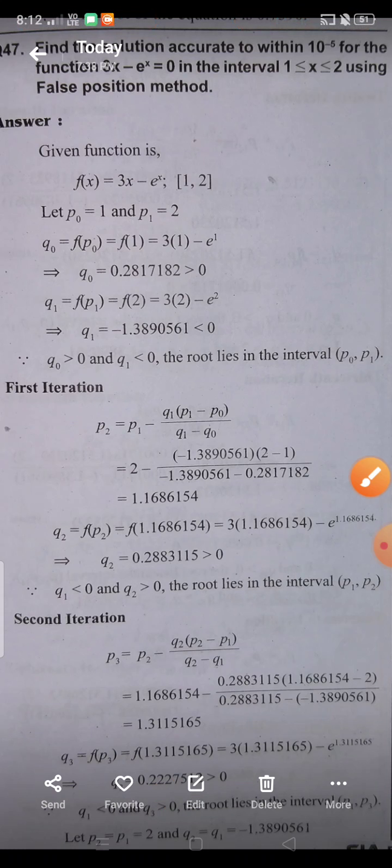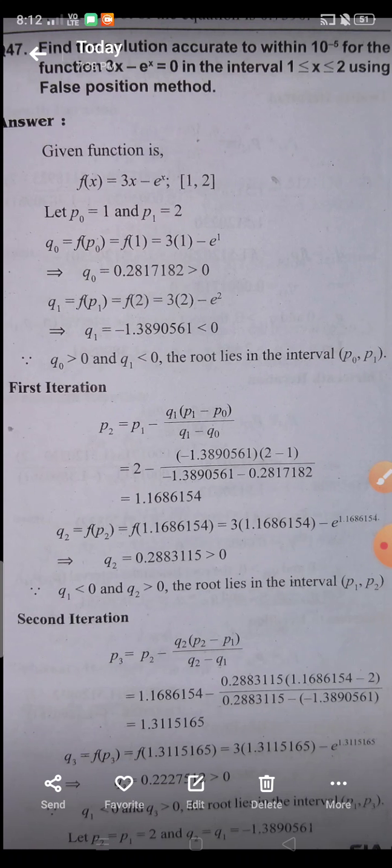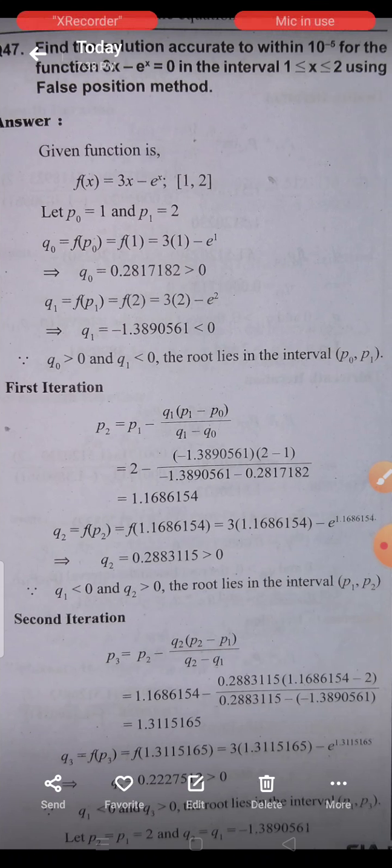Now we will find out Q3. Q3 is equal to f of P3 is equal to f of 1.3115165 equals 3 into 1.3115165 minus e power 1.3115165.